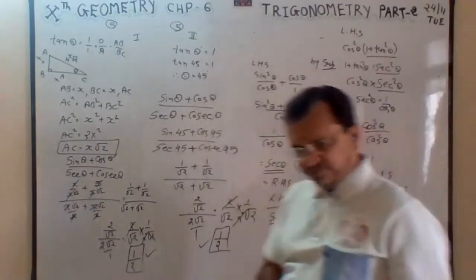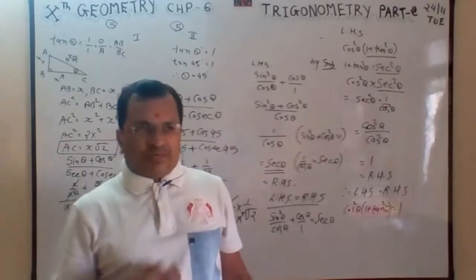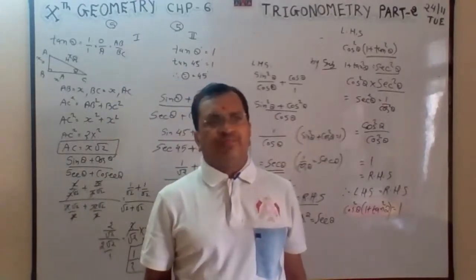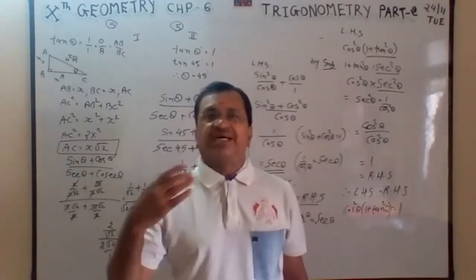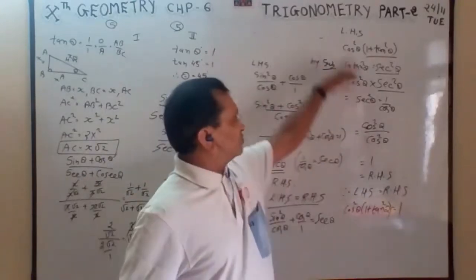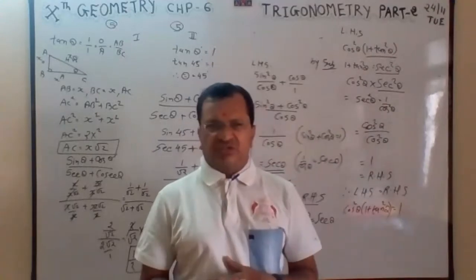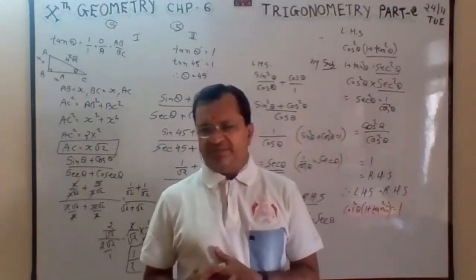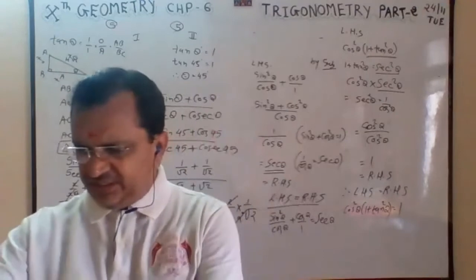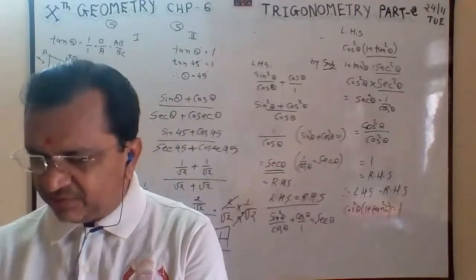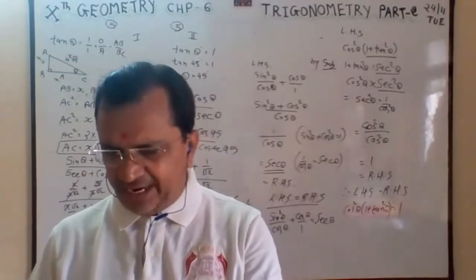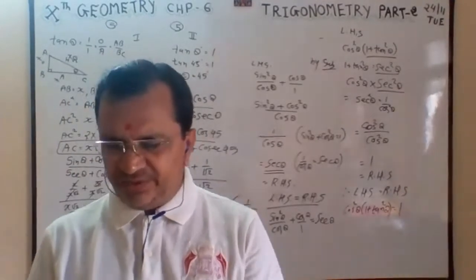Hence it is true. 1 plus tan square is equal to sec square, and sec square is equal to 1 by cos square, so cos square will cancel. Reason you can write in bracket also, so the sequence will be proper. That is not the issue, but you have to write what conversion, which identities, which formula you are using.